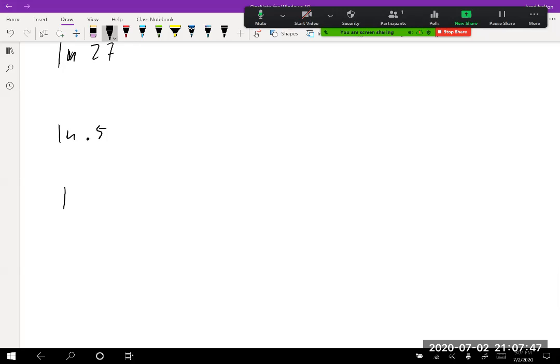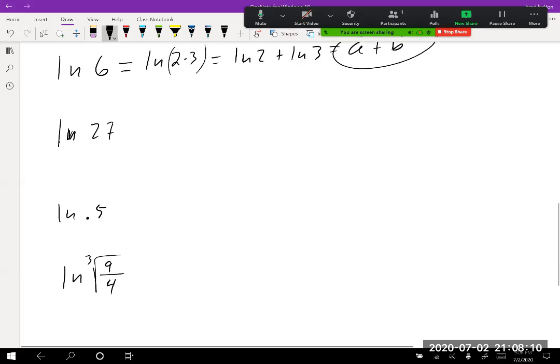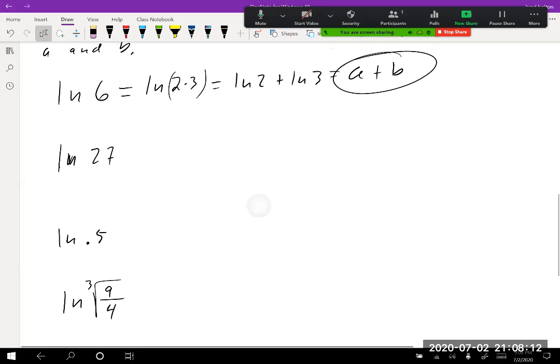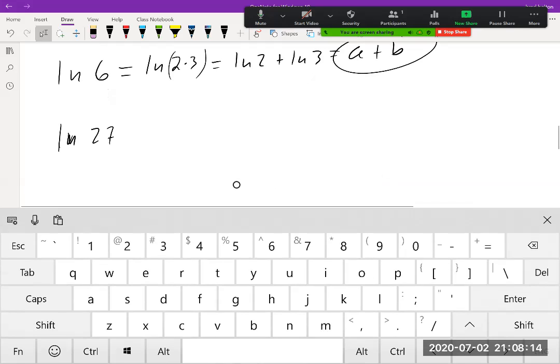Let's do the natural log of the cube root of, let's say, 9 over 8. Nope, not over 8. Say 9 over 4. Okay. All right, so pause the video and give these a shot.